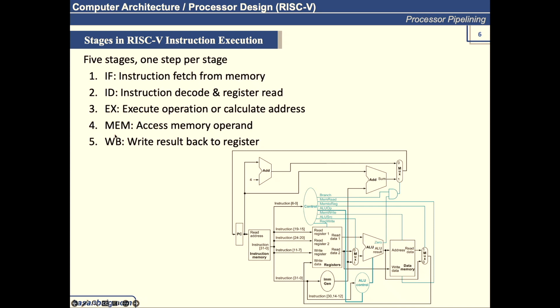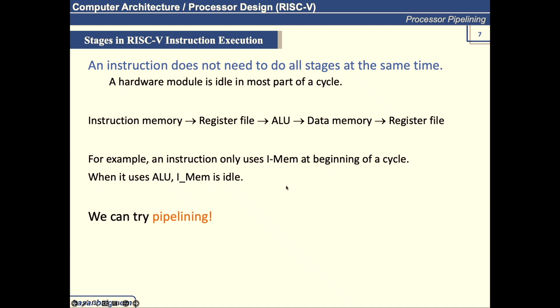Over time, I will be only referring to IF, ID, EX, MEM, and WB to refer to these stages. We have already seen that the instruction does not need to do all the stages at the same time. For example, we are running an LW instruction. It is fetched from the memory, and when it is in the register file phase, the instruction memory remains idle.